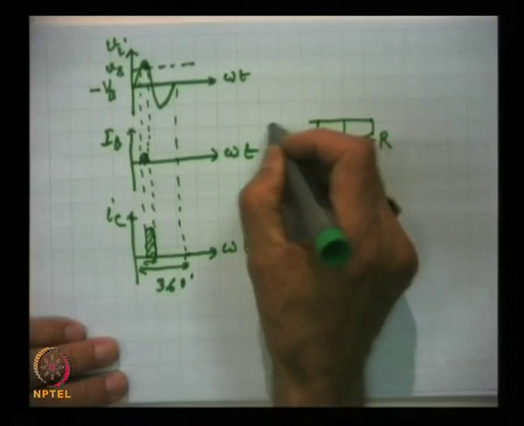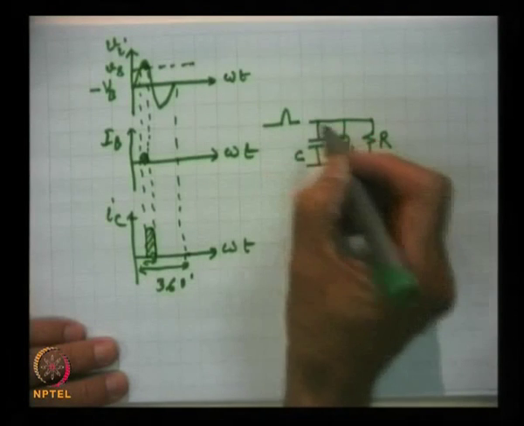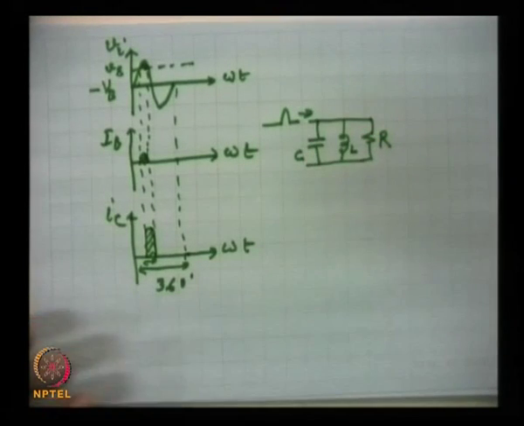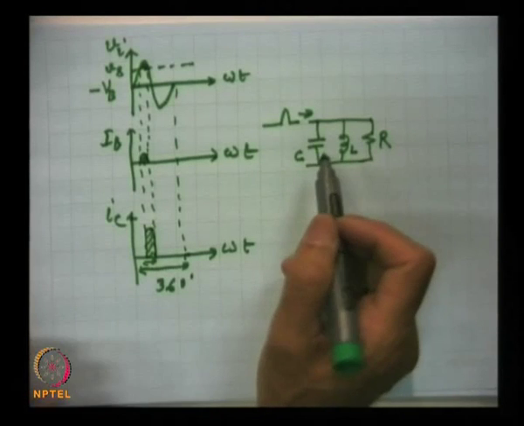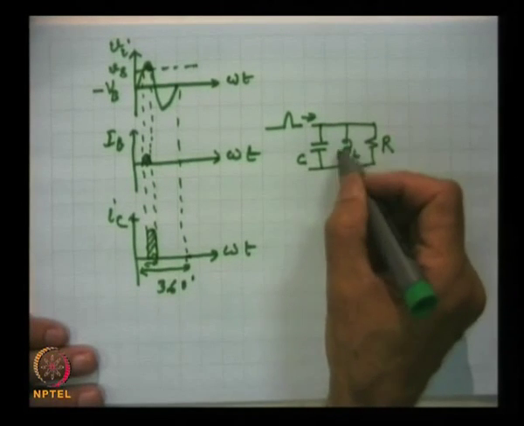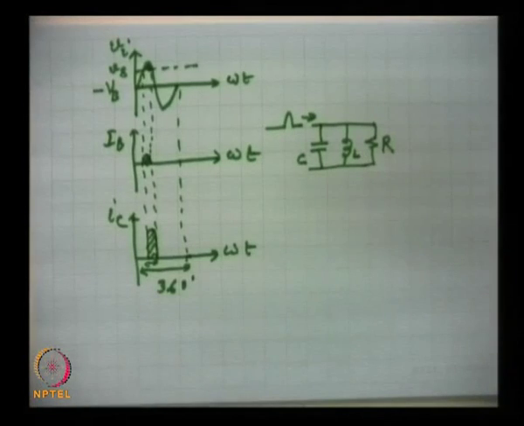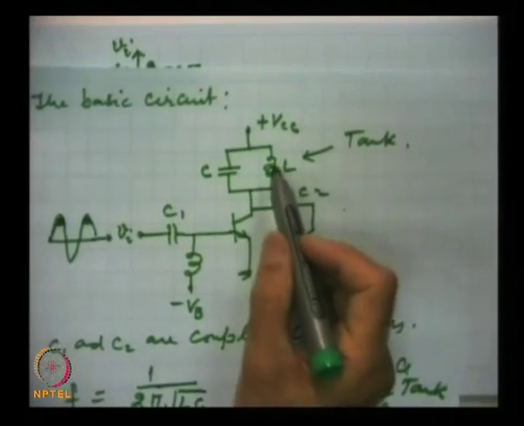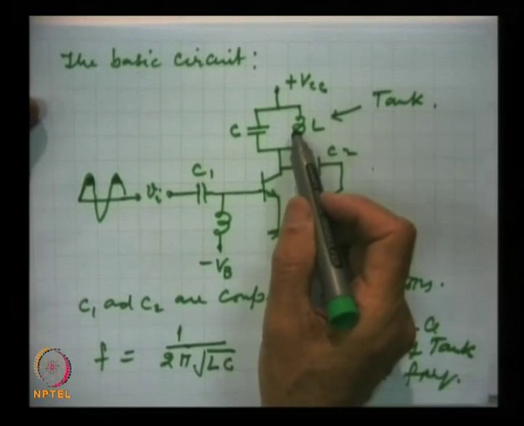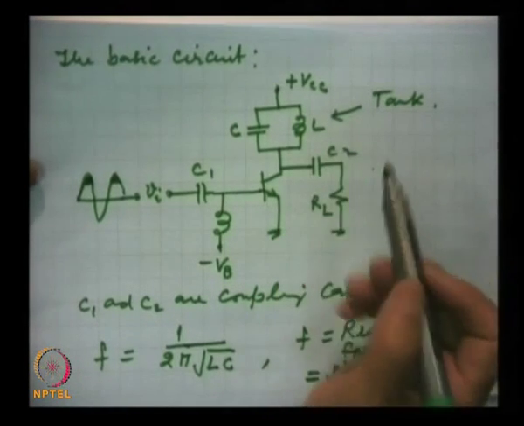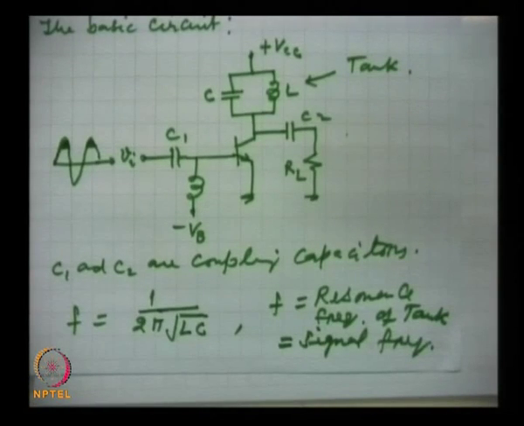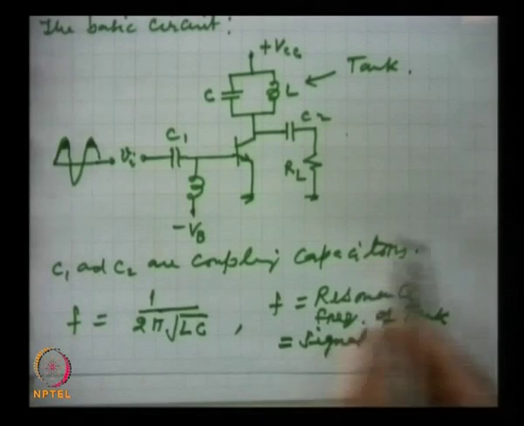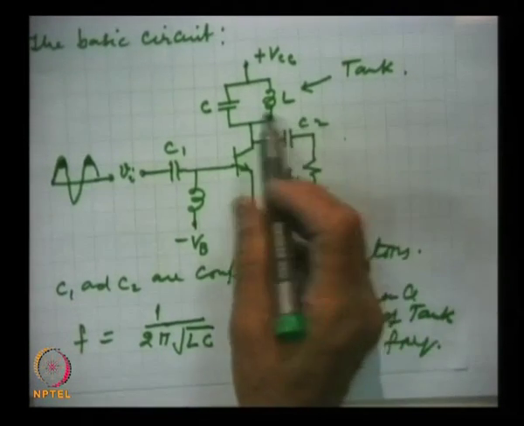This current pulse is striking this LCR circuit. In this LCR circuit, the inductor has some series resistance, and that series resistance we are representing here as an equivalent resistance.